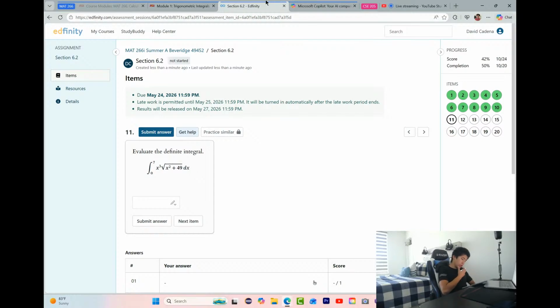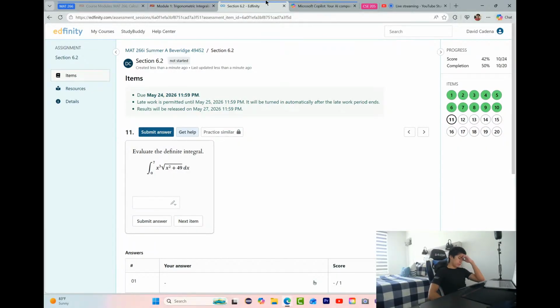So first we will let x be 7 tangent of theta.